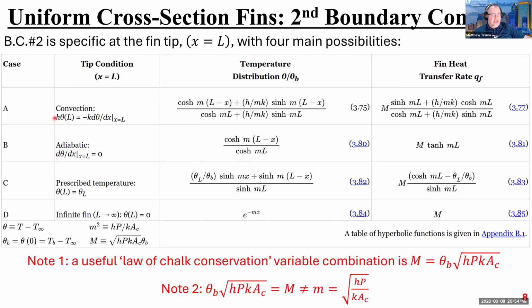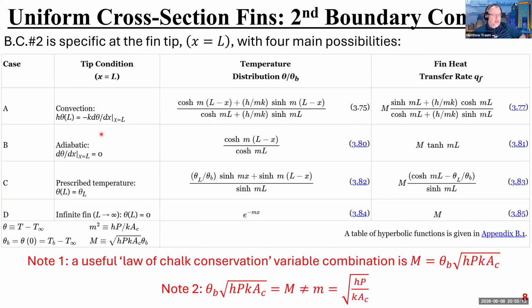So one is that we just have convection at that spot, right? And we've seen this before. This is an energy balance from conduction in a solid to convection in a fluid, right? So the heat transfer from the solid to the fluid has to follow the first law of thermodynamics. So that's one possible boundary condition at x equals L, the tip of the fin.